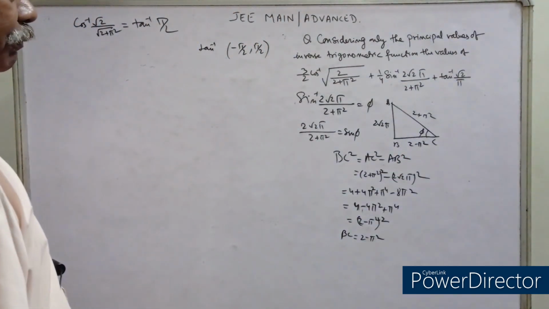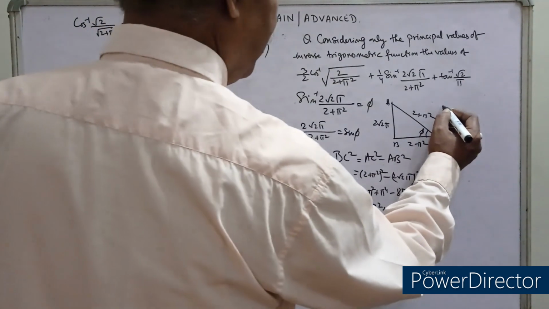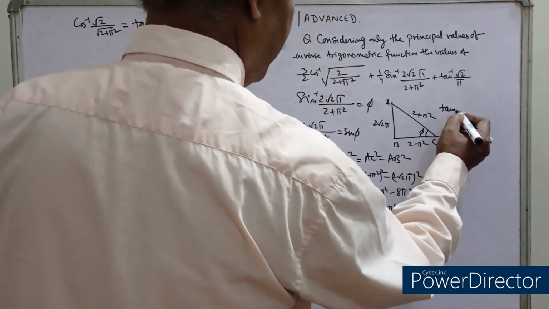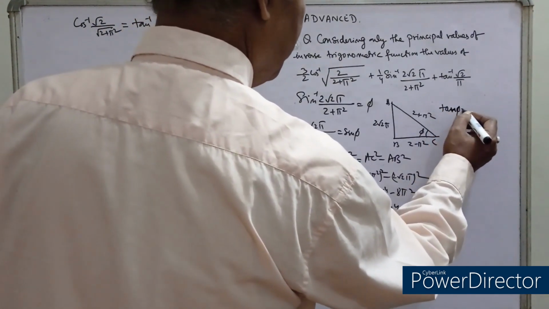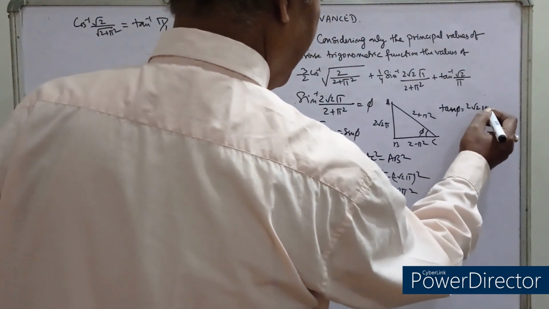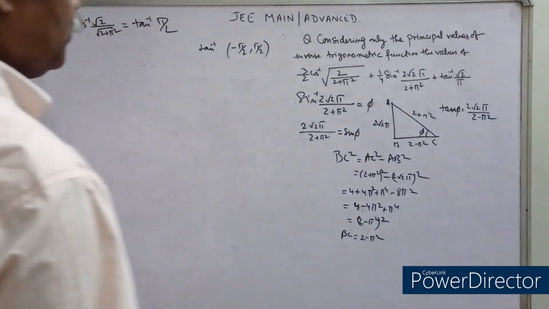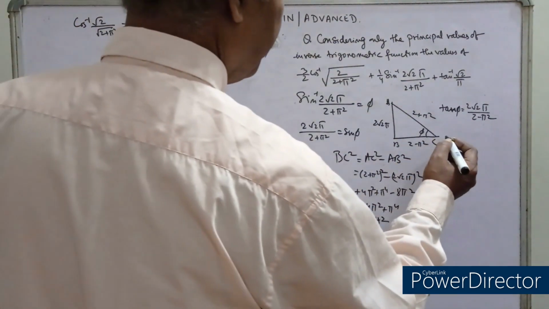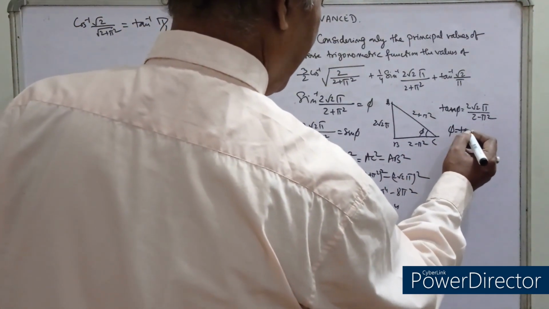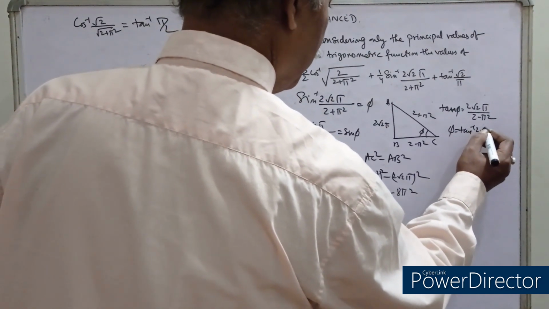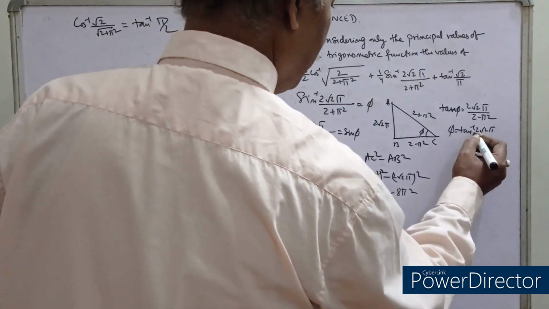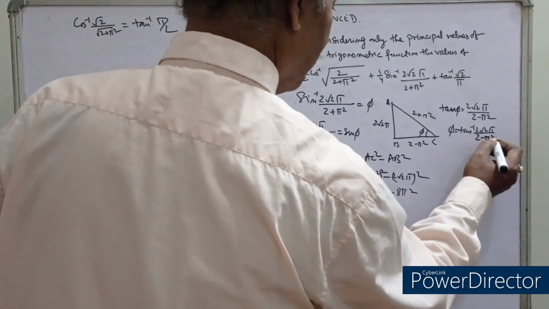So here again, tan phi will be 2 root 2 pi by 2 minus pi square. So your phi will be tan inverse 2 root 2 pi by 2 minus pi square.